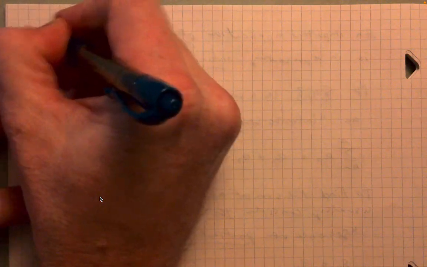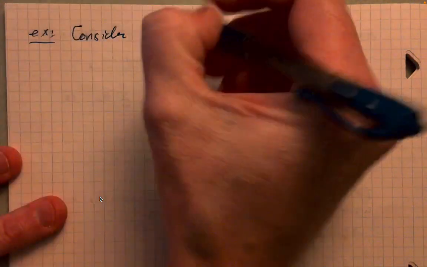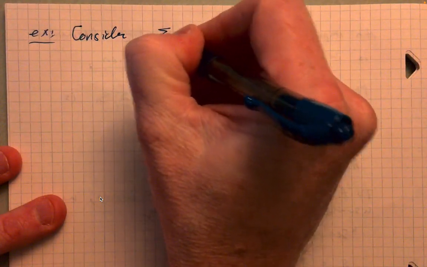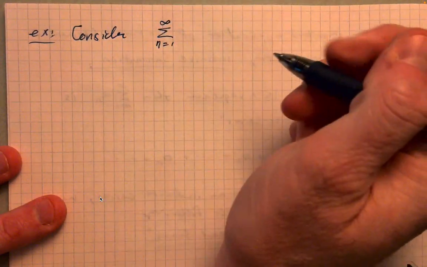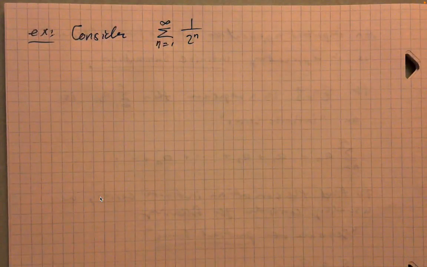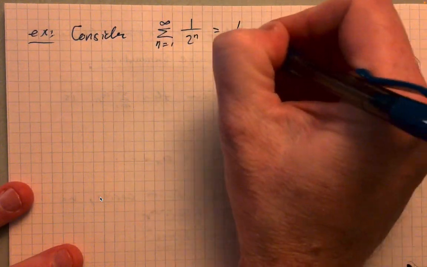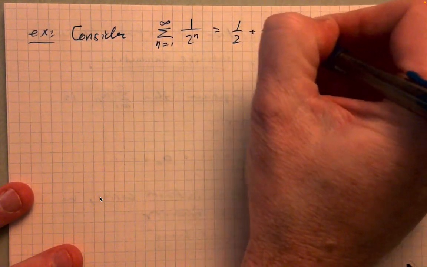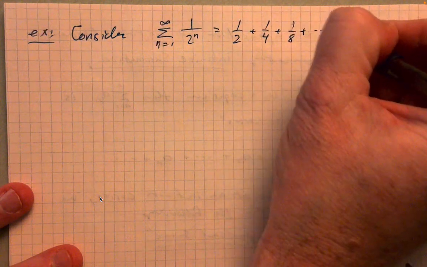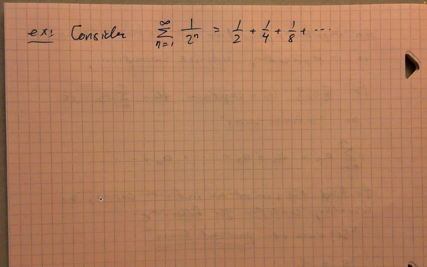Let's do an example. So consider this series, the sum from n equals 1 up to infinity of 1 over 2 to the nth power. So you can see what these terms look like. It's 1/2 plus 1/4 plus 1/8 plus ... And so let's think about what the partial sums here would look like.